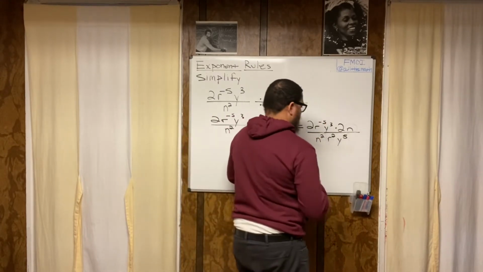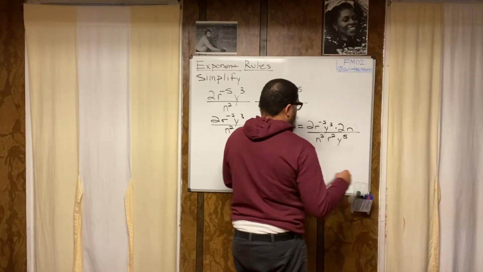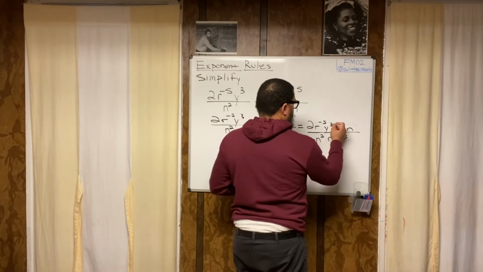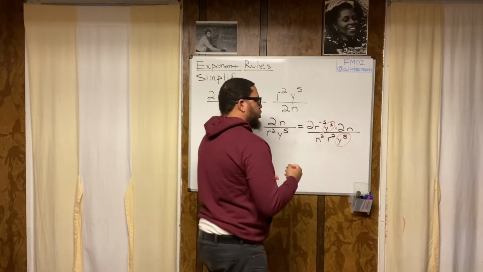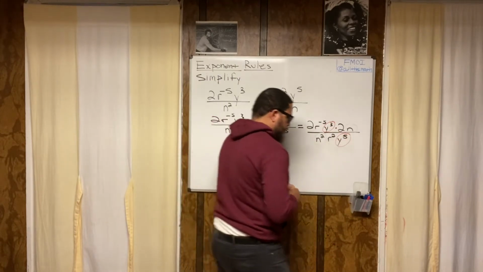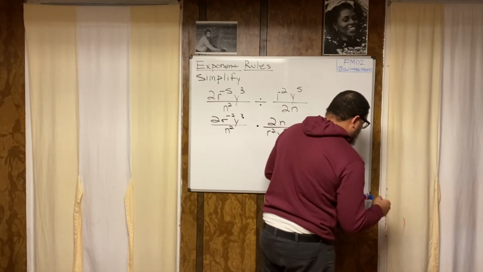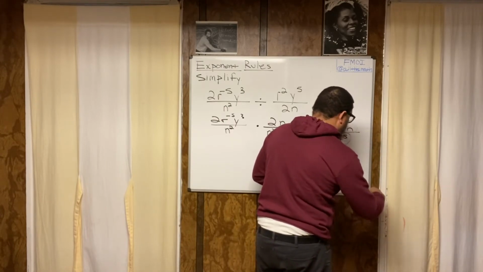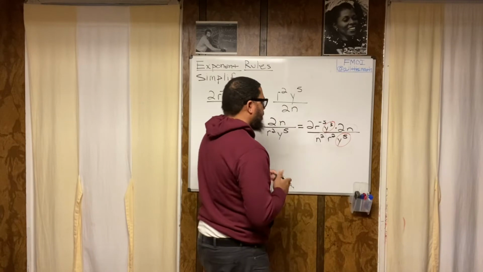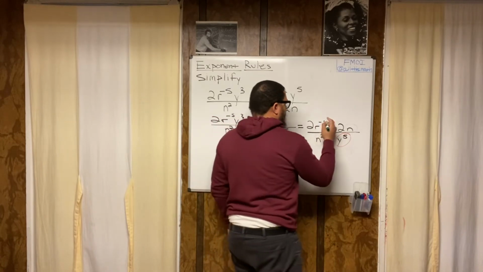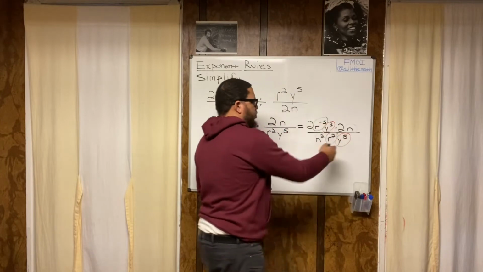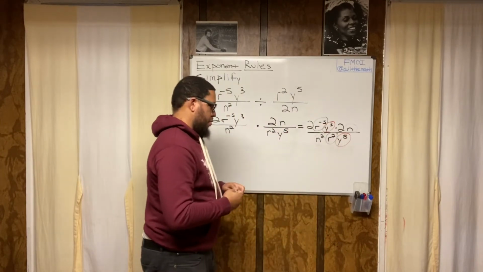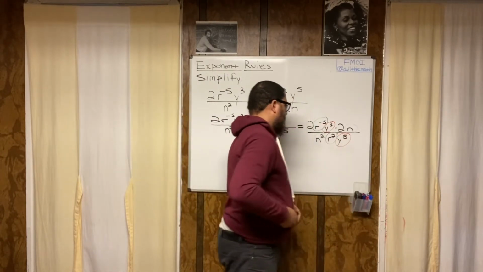And then this y and this y, I can use the division rule for those. This r right here and this r right here, I can use the division rule for those. That's what I can do.